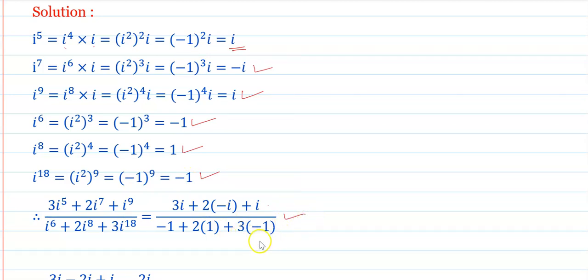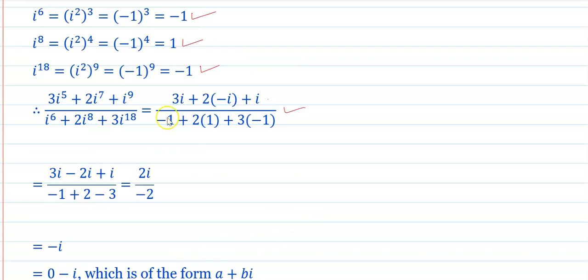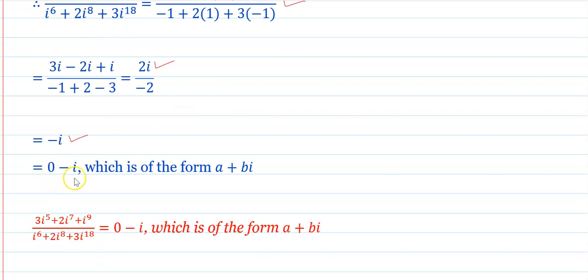Okay. Now the next simplification. 3i minus 2i plus i. 3i plus i, you will get 4i minus 2i. Overall, you will get 2i. Minus 1, minus 3, minus 4, plus 2, minus 2. 2i upon minus 2, you will get here minus i. And it is written as 0 minus i, which is of the form a plus bi.